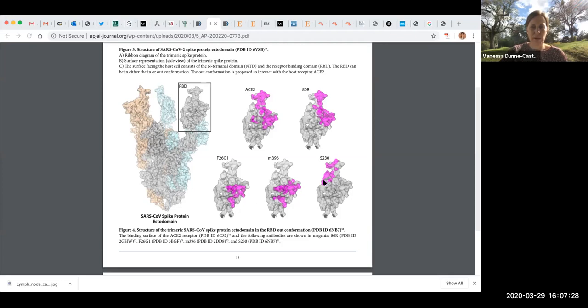So with these different antibodies, you can imagine that if this is the spot on the glycoprotein spike that is responsible for binding to our cell surface receptor, then the best antibody you could imagine would be one that binds to the exact same region, which this ADR antibody does, and is highly effective at neutralizing or preventing that virus from binding to our surface receptors. These other antibodies have various levels of effectiveness, as you can see from the epitope here.